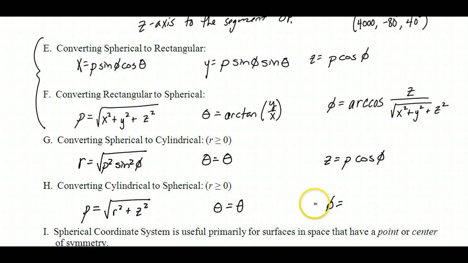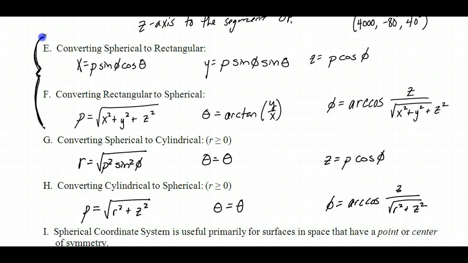And phi is arc cosine of z divided by the square root of r squared plus z squared. So a lot of different conversions that we can have. I always say if I can get it to rectangular, I can do anything from there. So these are the two that I keep in mind and I use.